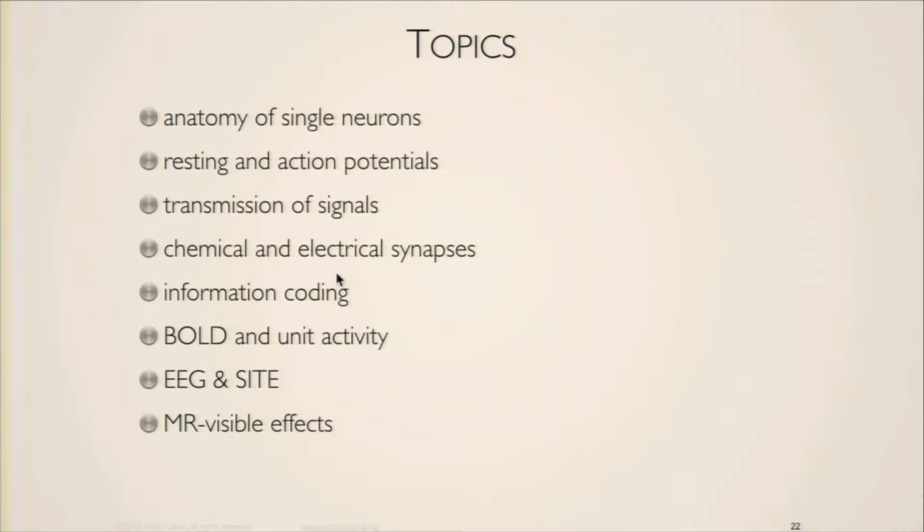So we're going to talk about the basics of neurons, how they communicate, and what are some of the energetics involved in this, and also a little bit about how information is encoded. And hopefully I'll say a few words about MRI and EEG, which are two different views of the same activity.